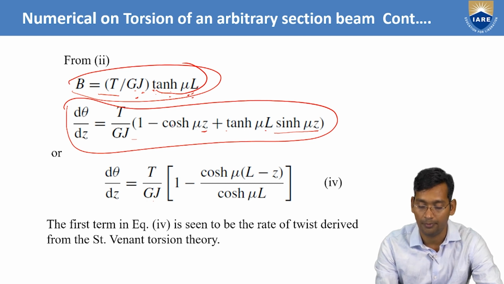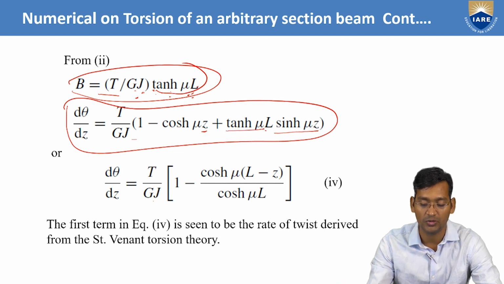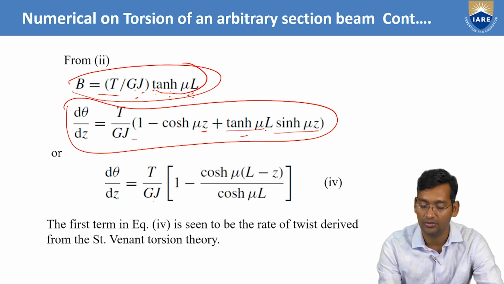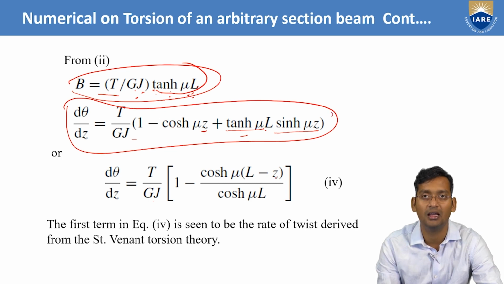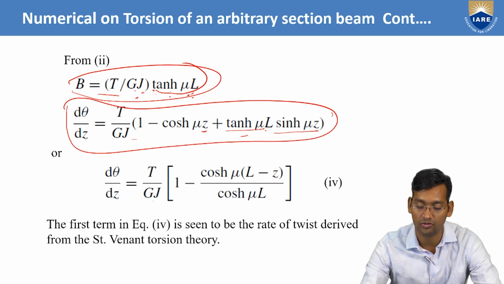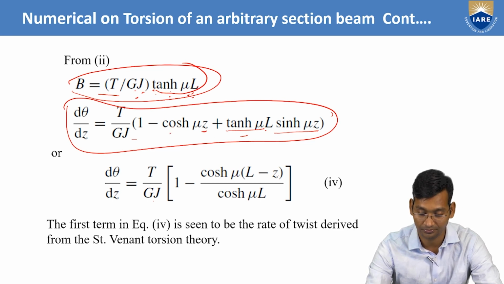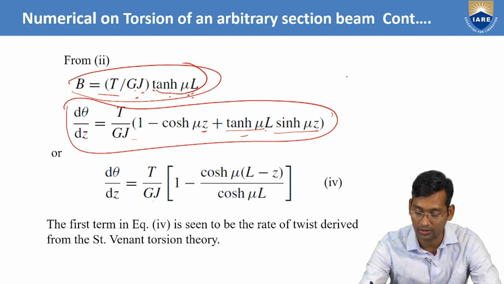Okay, this further we can simplify. dθ/dz as T by GJ common, so 1 minus cosh μ(L minus Z), using the cos A minus cos B formula. Right, so after dividing this, we can write as sinh by cosh. So taking LCM, then we can solve for this one. That will be cos of A minus B, so cos of μ into L minus Z. This is the cos A minus cos B formula, that formula is what I'm just writing here.